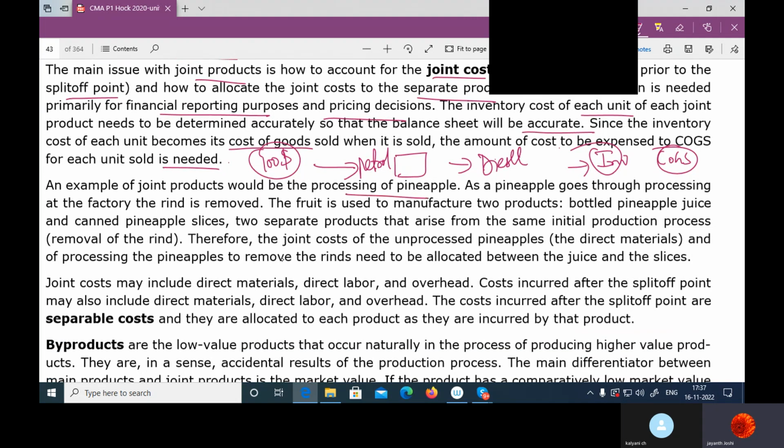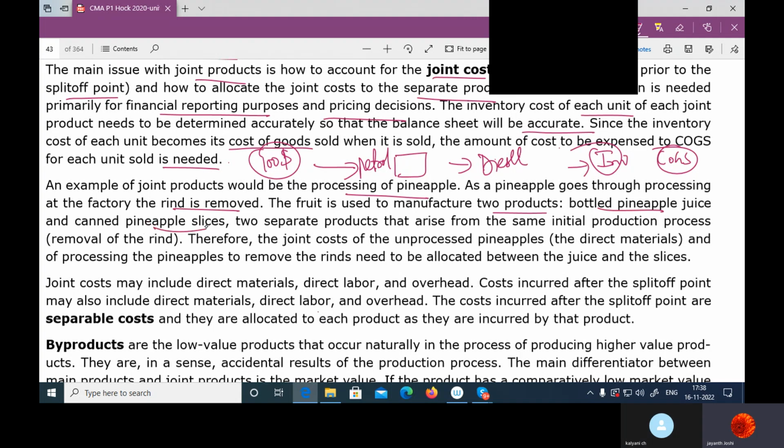processing of pineapple. Pineapple processing is process number one. As pineapple goes through processing at the factory, the rind is removed. The fruit is used to manufacture two products. One is juice, everyone knows. One is slices.